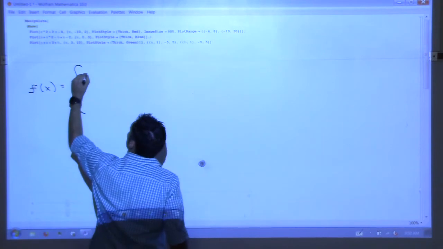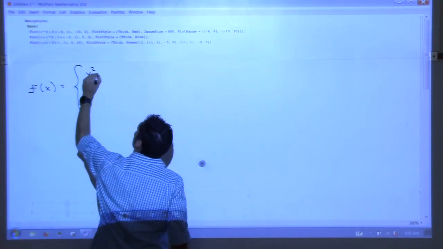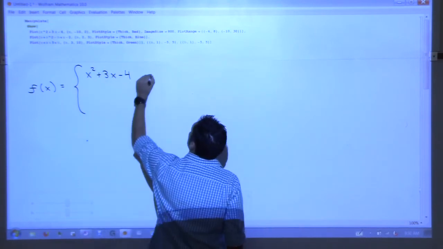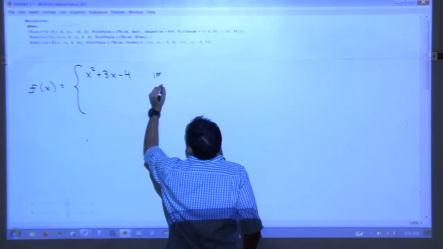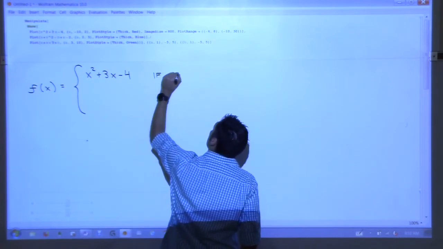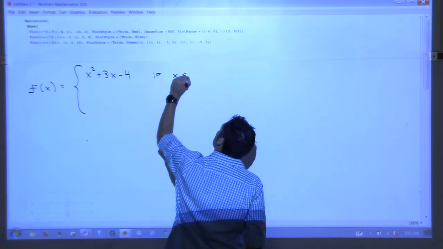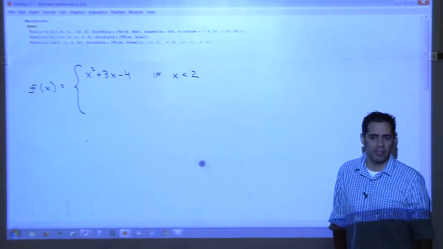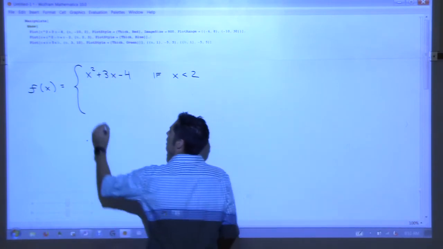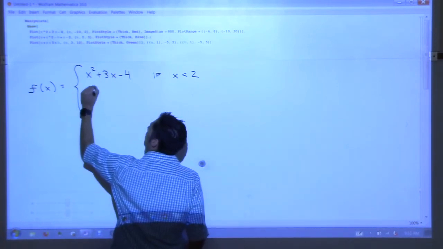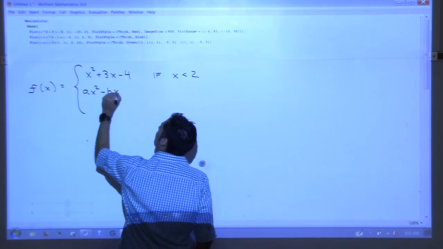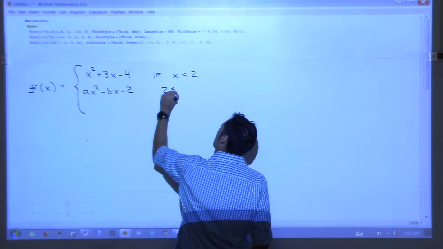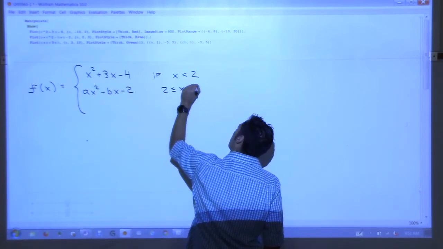The top piece is x squared plus 3x minus 4, if x is less than 2. Okay, so nice little parabola if x is less than 2. And then it's ax squared minus bx minus 2 if x is between 2 and 3.